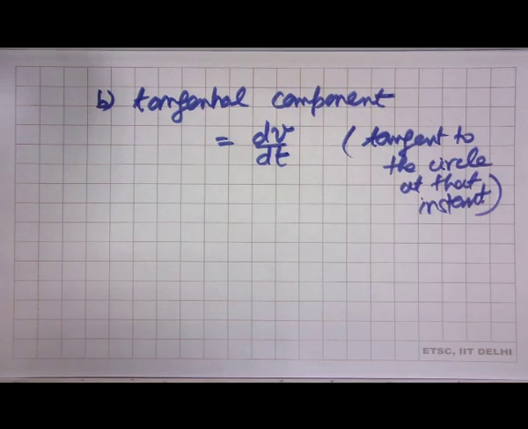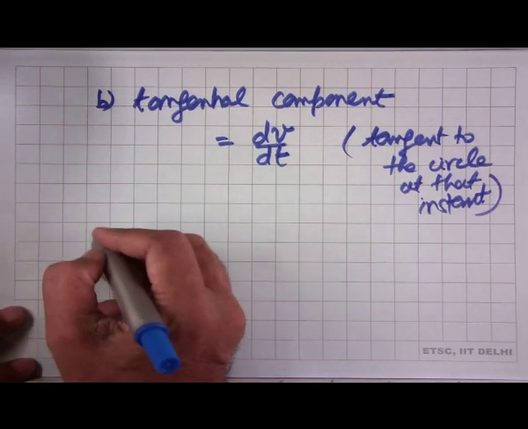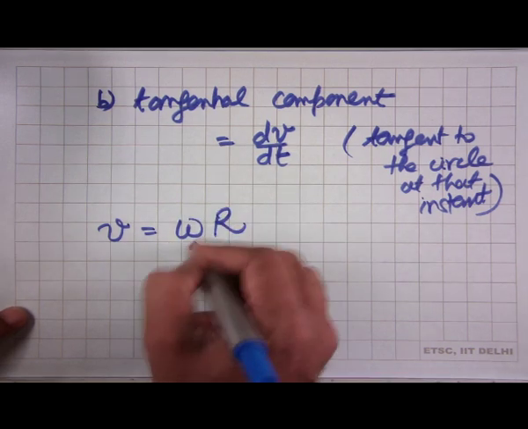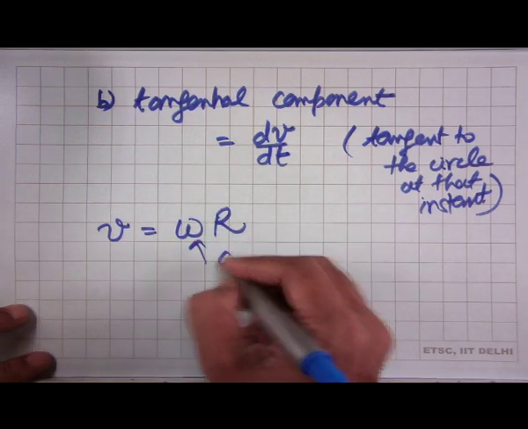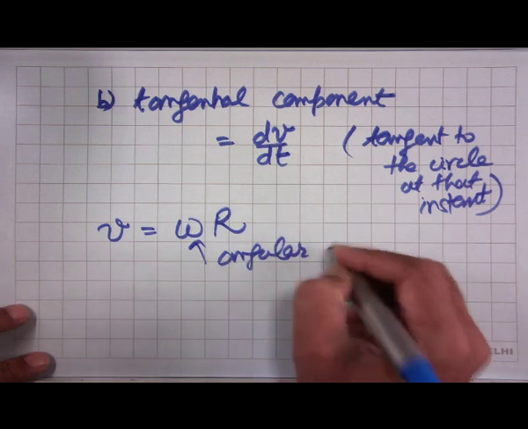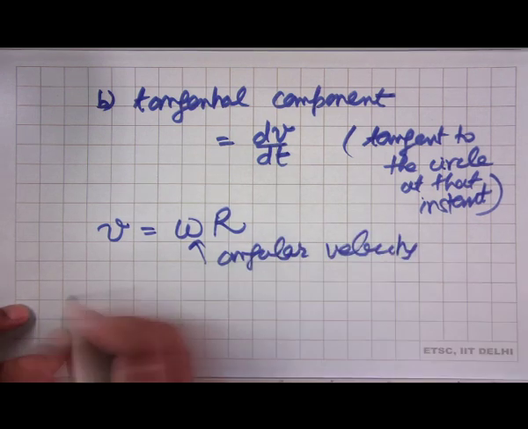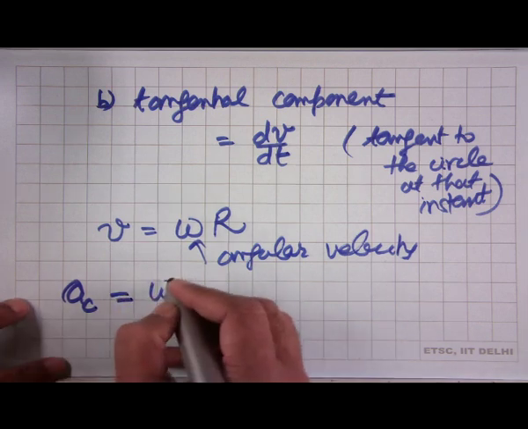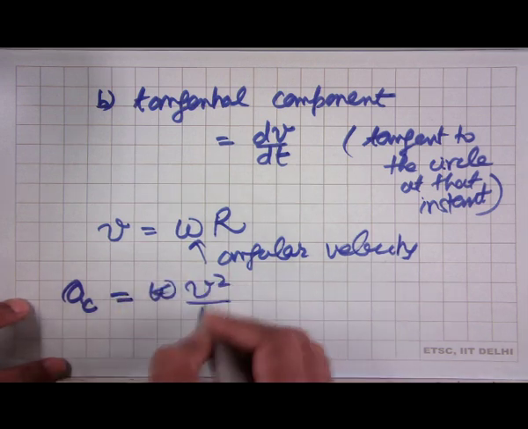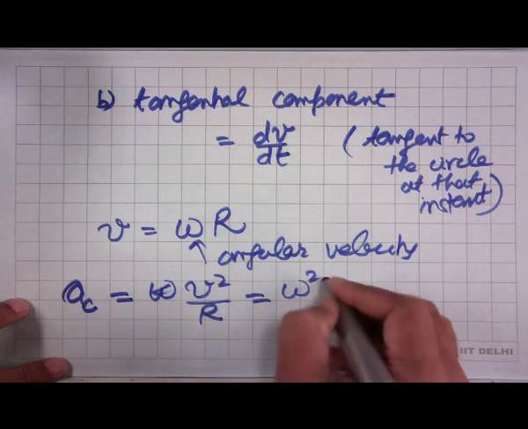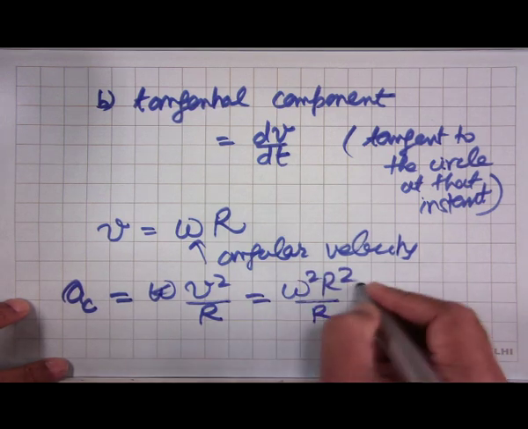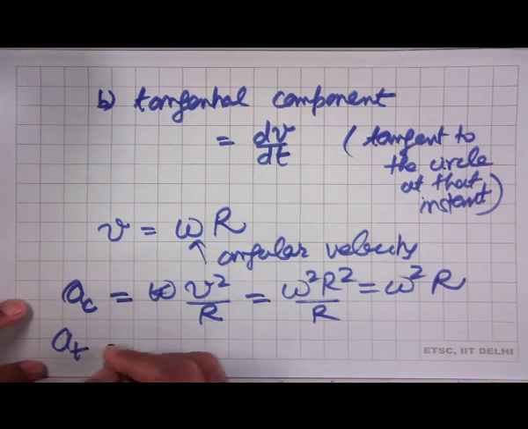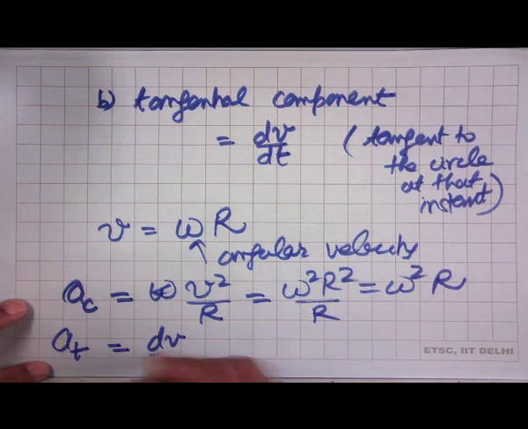Now, also what we have seen is that we have defined angular velocity, v can be written as omega times r, and this omega we wrote as the angular velocity. So, therefore, now the centripetal acceleration can be written as v square upon r. So, that will be equal to omega square r square upon r. So, this will be equal to omega square r, and the tangential component, this is dv by dt.